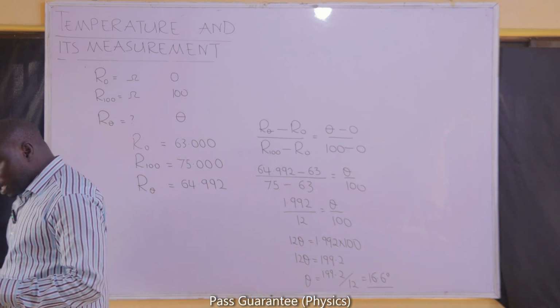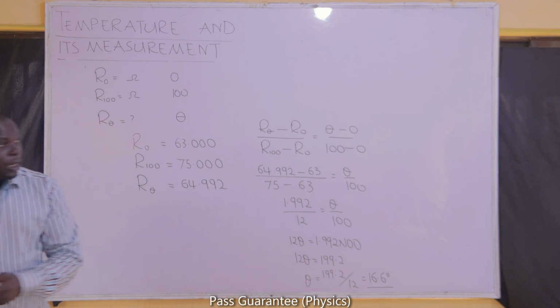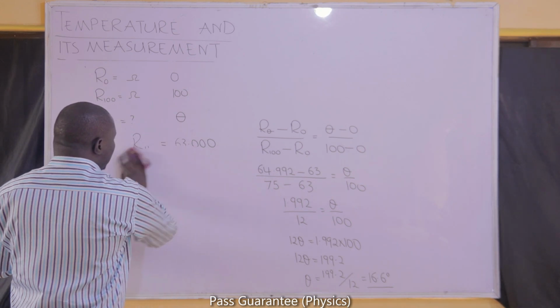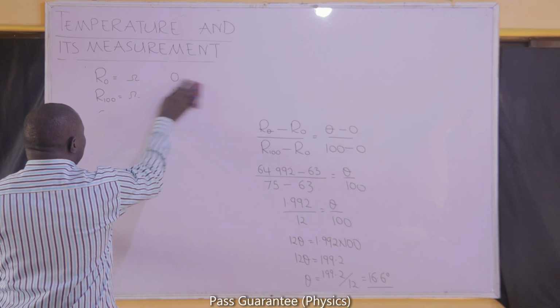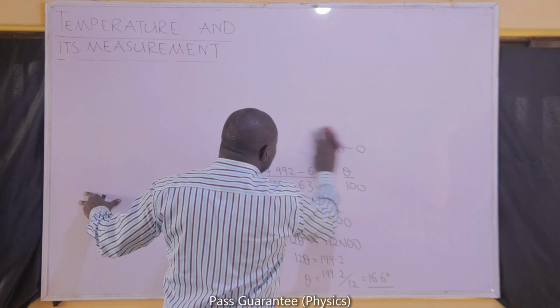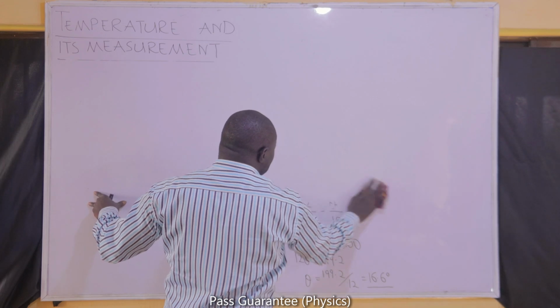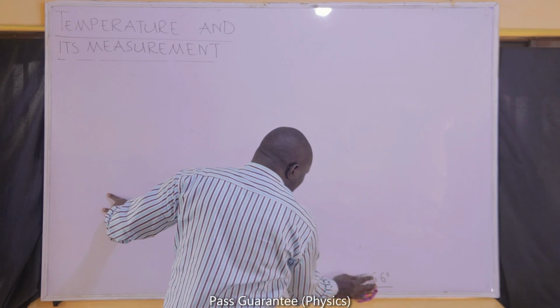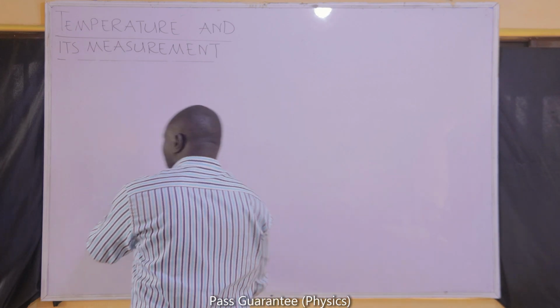Now, this formula can also be used for more important things than just to convert a thermometric property to a temperature value. We can even use the formula to convert between Celsius and Fahrenheit, two major temperature units.